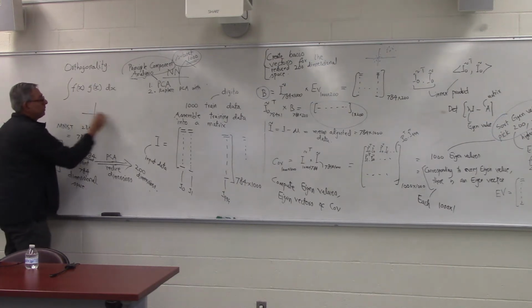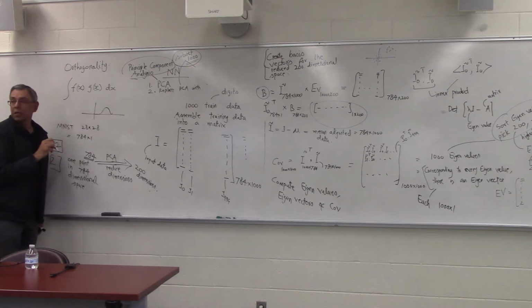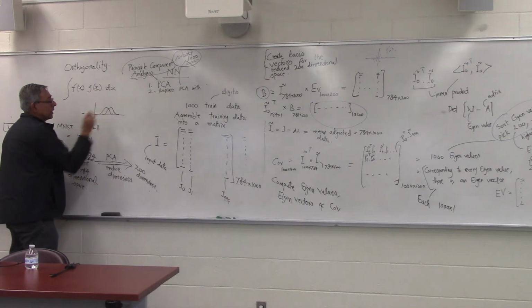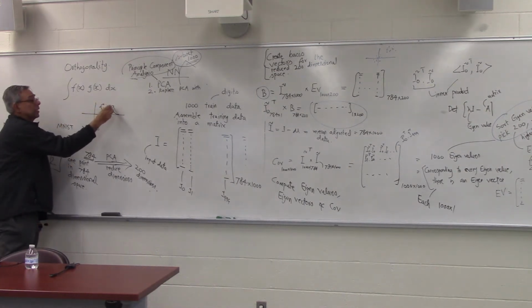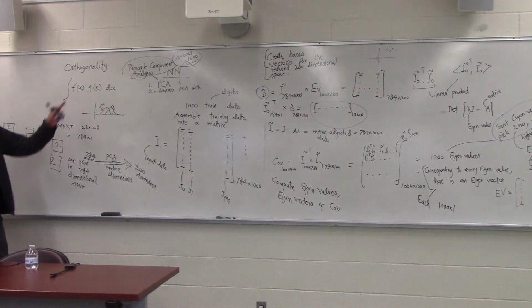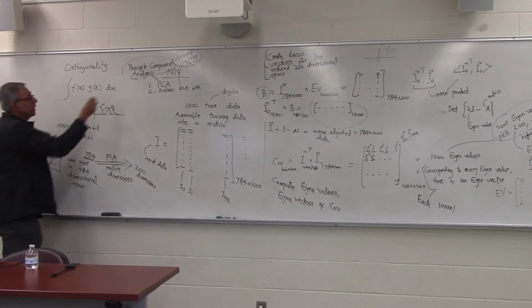So if, let's say, this is f of x and this is g of x, if I multiply the two and integrate it, for orthogonal, this has to be 0.